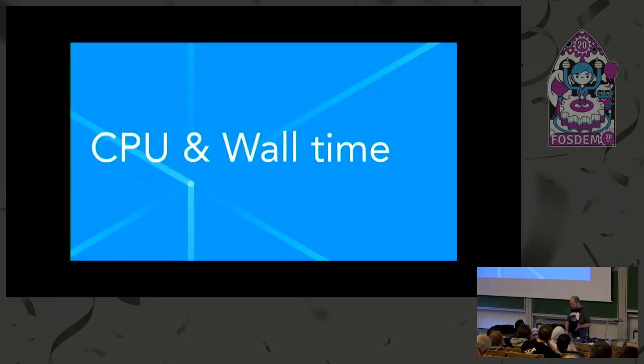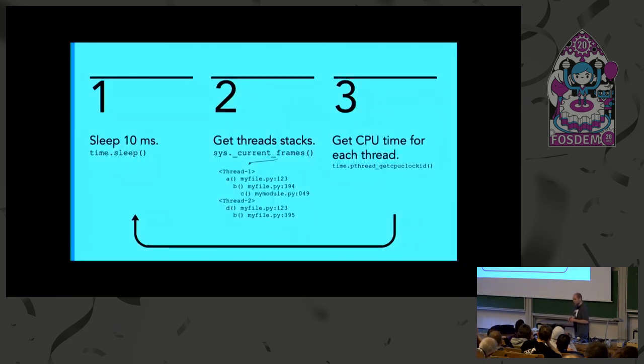The first problem I had to solve was how do you get the CPU and wall time information? The way I solved that is in a thread. You run a parallel thread in your Python program that sleeps most of the time, and let's say every 10 milliseconds, you wake up and use sys._current_frames, which is a private function that has been there forever and that everybody uses, so it's not really private.